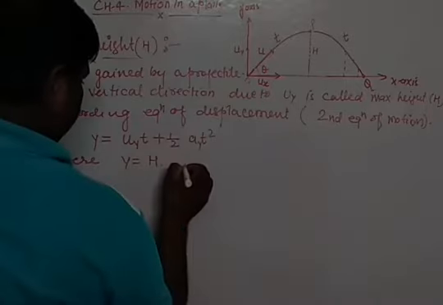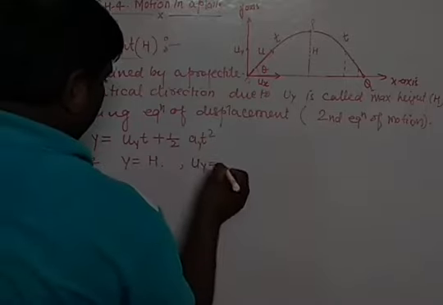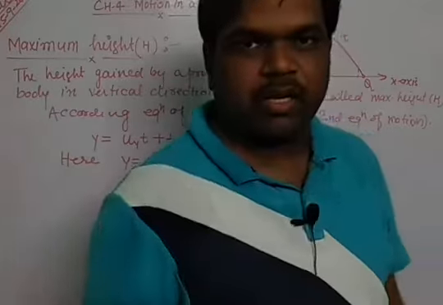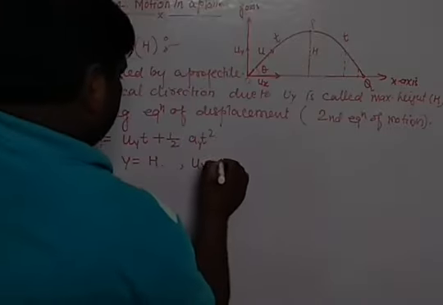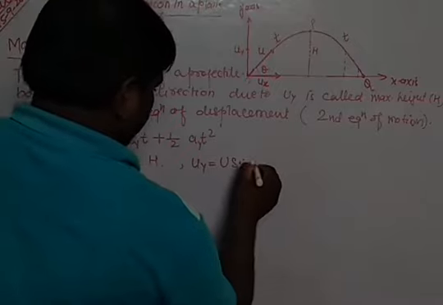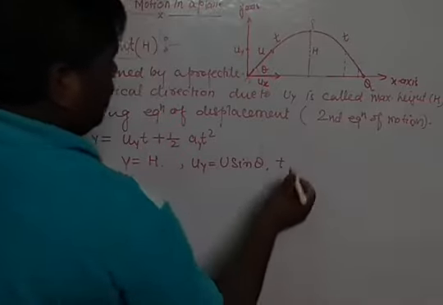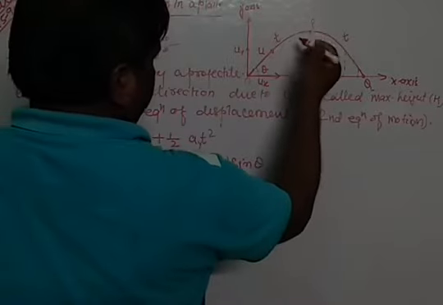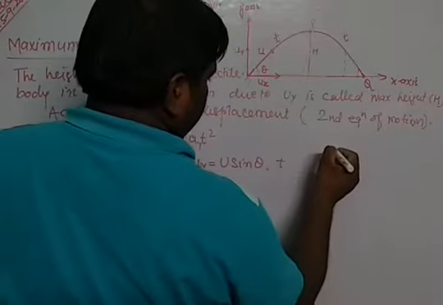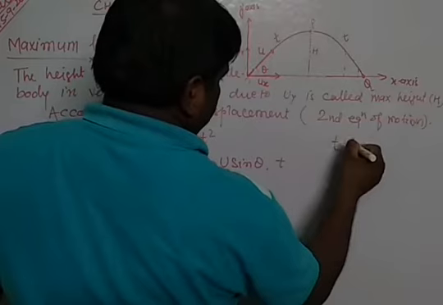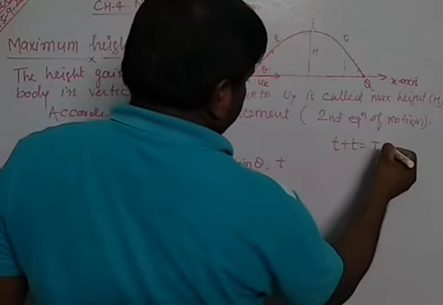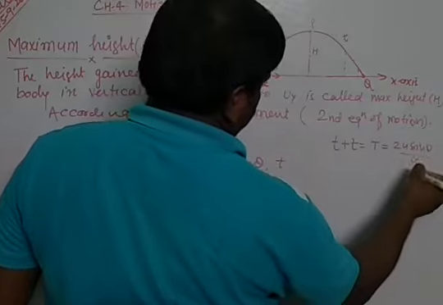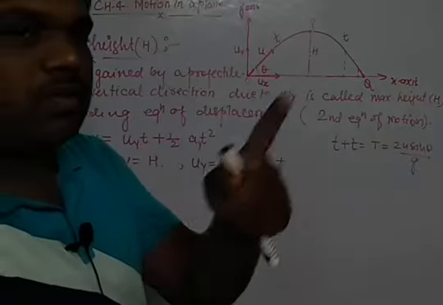Very good. And what about uy? Which component of velocity is responsible? Very good. The vertical component of velocity, that is u sin theta, is responsible. What is t? Here t is from 0 to P, that is the time of ascent. See children, you know t plus t is equal to capital T, and this is equal to 2u sin theta upon g, that is the time of flight.